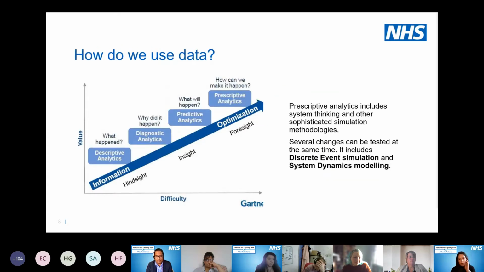In terms of modelling or analytics, there are different approaches and methods. Just a very quick background: descriptive analytics, on the right-hand side, I'm sure most of you will be familiar with. These are your performance indicators, very simple analysis of what has happened. What we are actually talking about is much more predictive analytics.